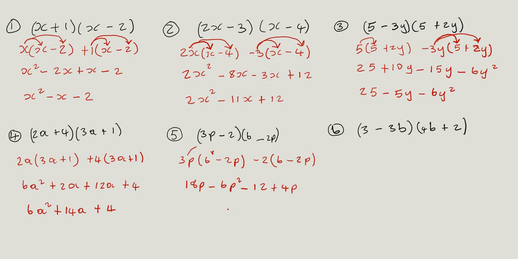Here, because the terms are scattered, we're going to group the like terms, right? So we're going to put the like terms beside each other. So note we have two p terms, right? So that means those can be rewritten beside each other. So we're going to put our 18p here. We're going to move this plus 4p and write it here.